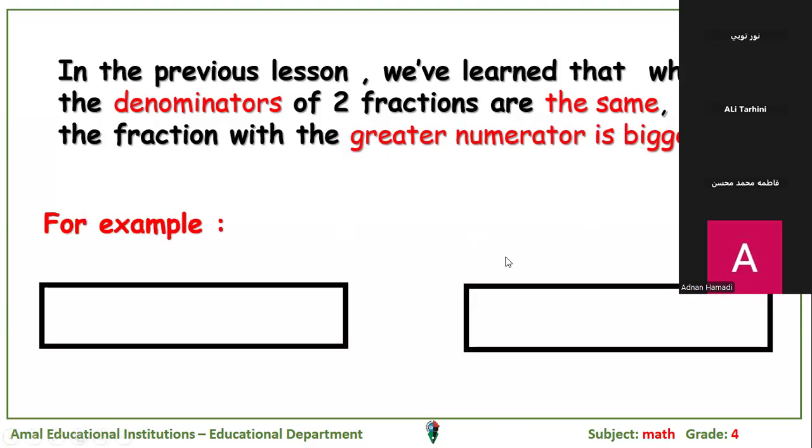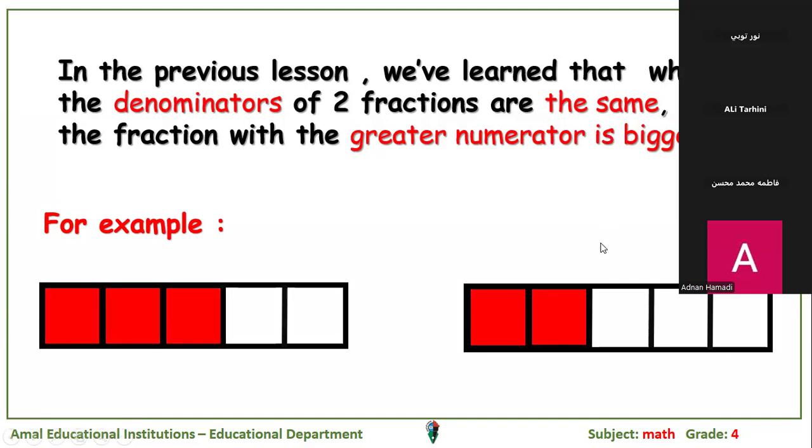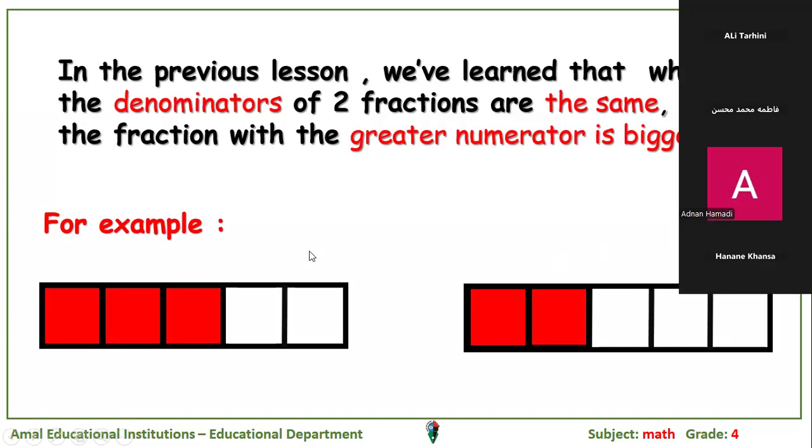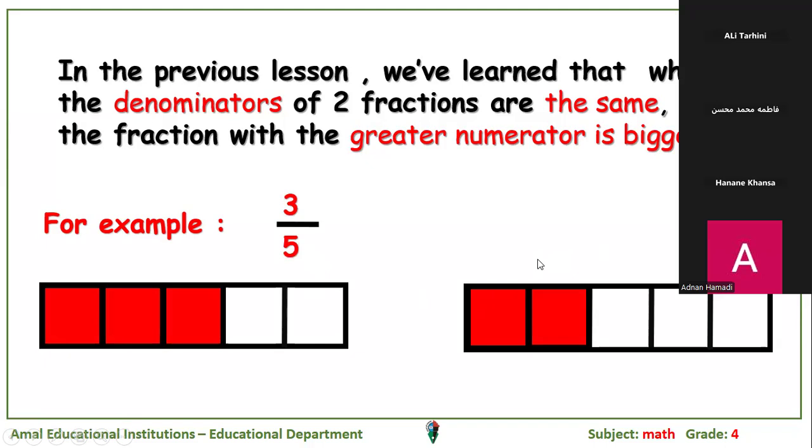Okay, so for example, here we have two examples. In the first example, we divide the whole into 5 equal parts, and in the second example, I also divide the whole into 5 equal parts. In the first example, we have 3 colored parts, so it represents 3/5, and in the second example, 2/5, because we have 2 colored parts from 5 equal parts.